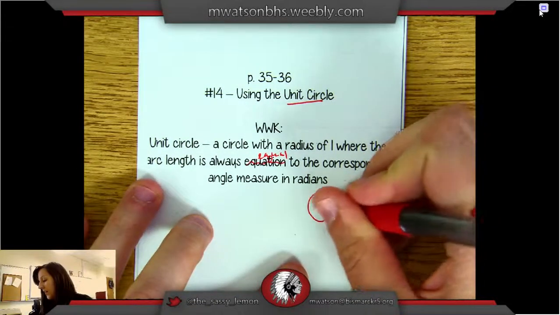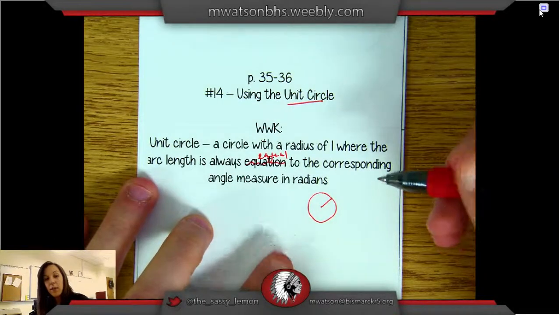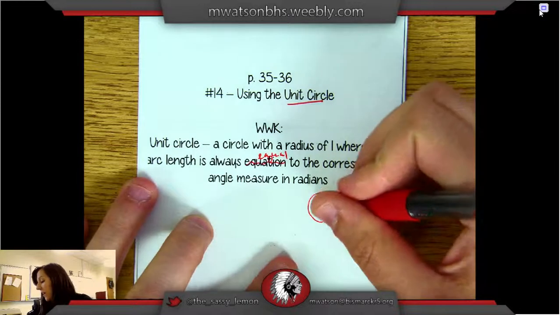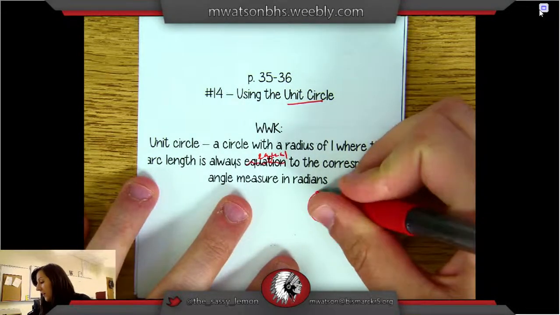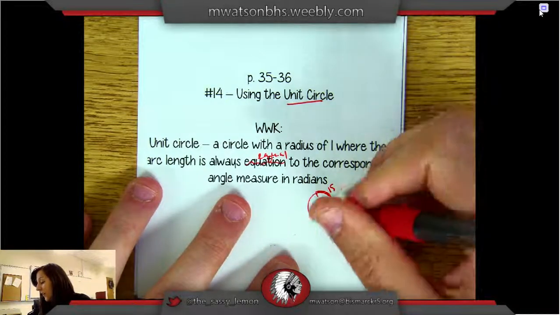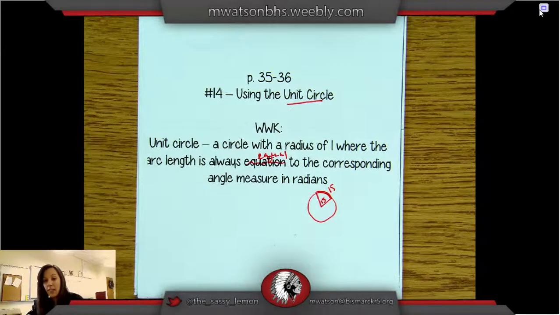All right, so there's my little radius, where the arc length is always equal to the corresponding angle measure in radians. So what I'm saying is, if the arc length out here is 15 units, then inside the measure is 15 radians. Kind of trippy, okay? But that's the way a unit circle works. I'm going to explain why in a second, but that's what it is.